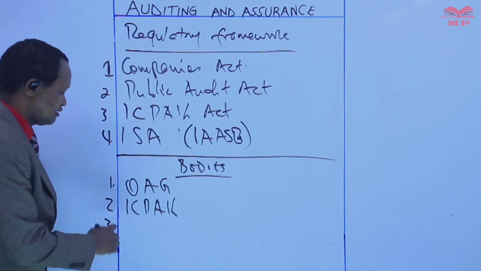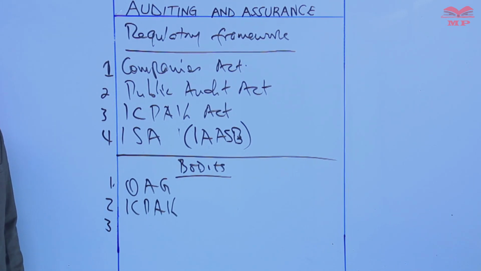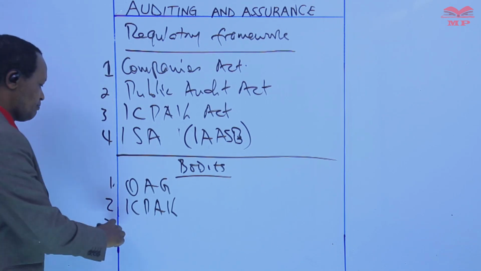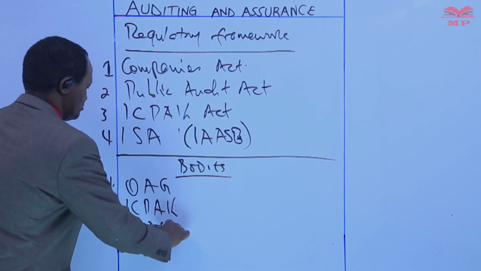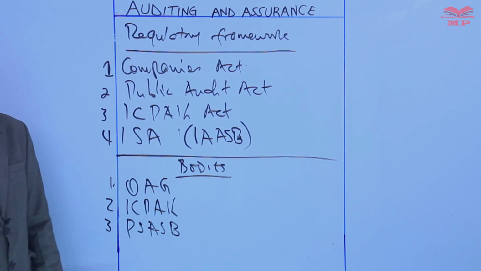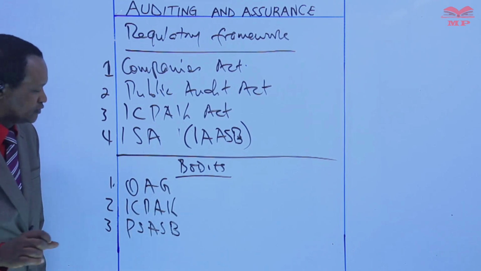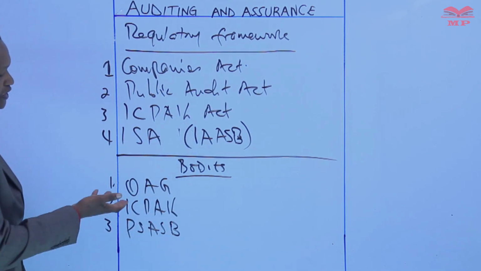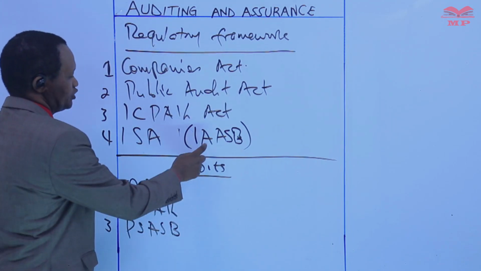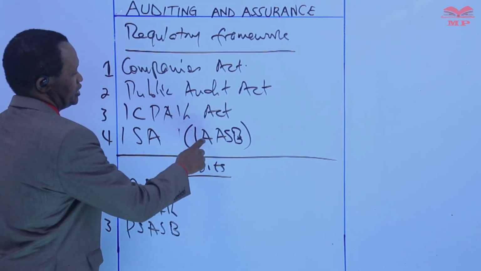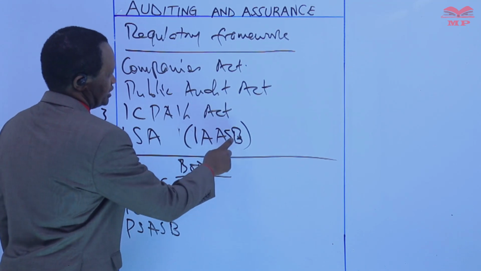Then the third regulatory body is the Public Sector Accounting Standards Board, which is responsible for developing and issuing accounting standards for the public sector in Kenya. So these are some of the few bodies in Kenya. We also have international bodies like the one we mentioned here, the International Auditing and Assurance Standards Board.